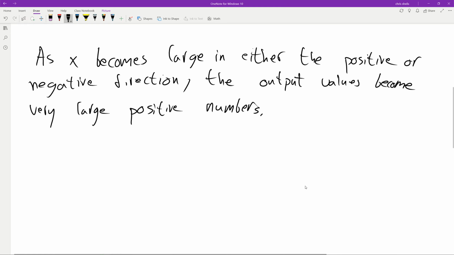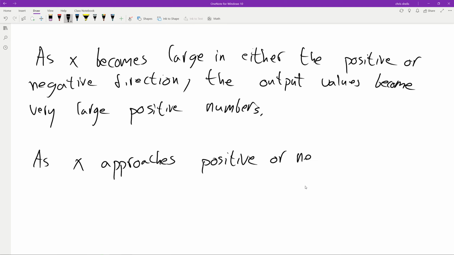So I could describe this by saying that as x approaches positive or negative infinity, the f of x values approach positive infinity.